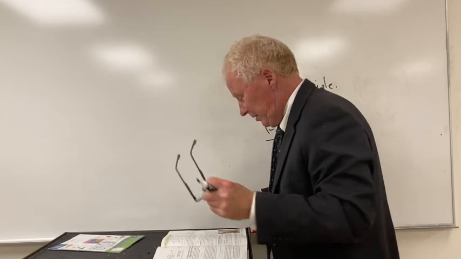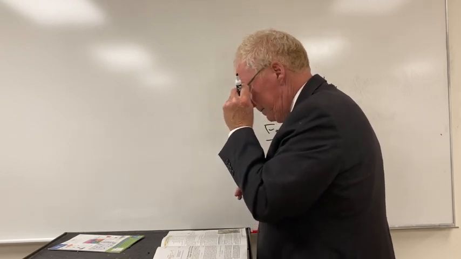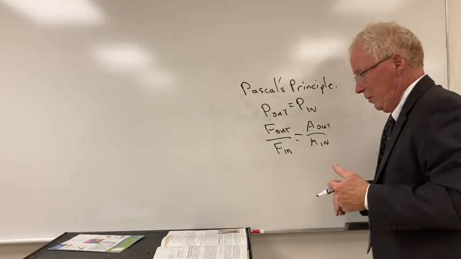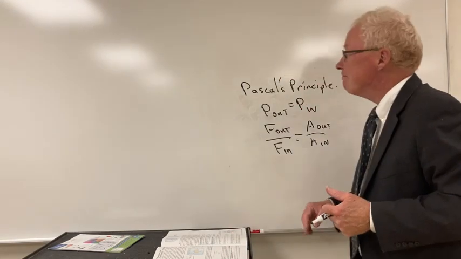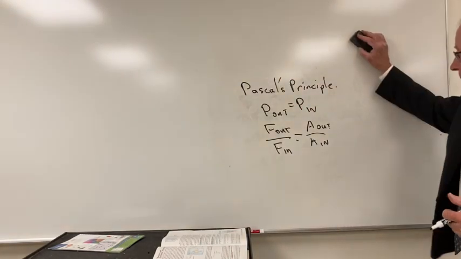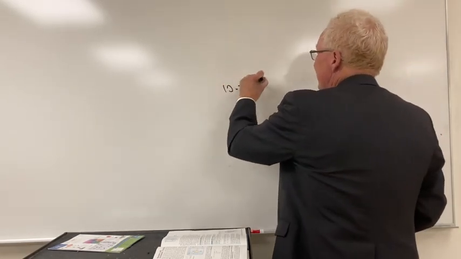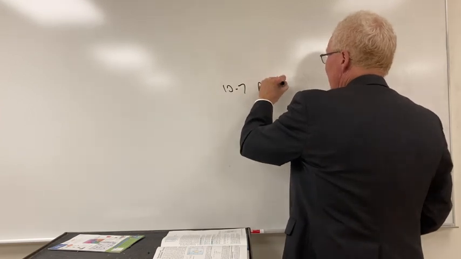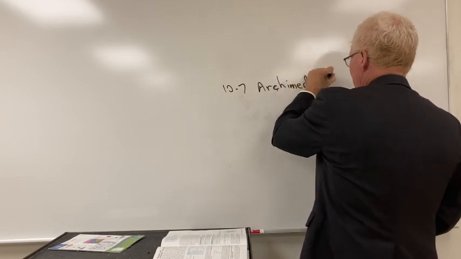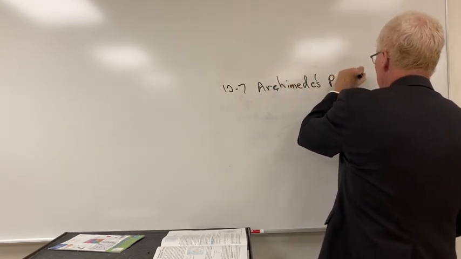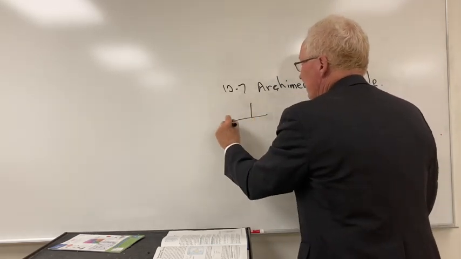You have the units. All right. Not going to go through those. All right, so that's the section there. It's section 10.5, section 10.7, Archimedes' Principle. And this is where you have an object in the water.